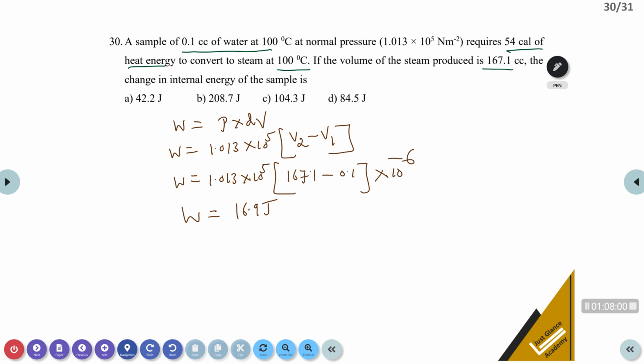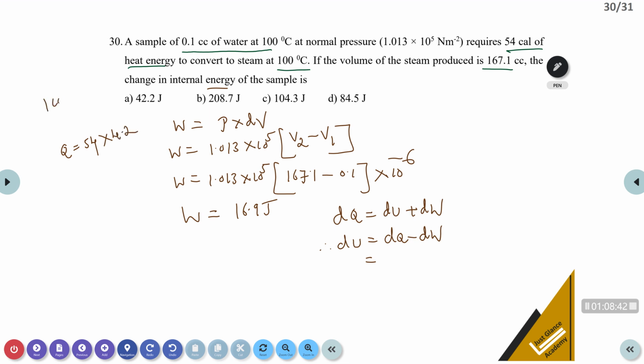Then the change in internal energy is asked. According to the first law of thermodynamics, we know that dQ equals dU plus dW. So therefore dU equals dQ minus dW. Now, what is the heat supplied here? It is 54 calories, so Q equals 54 calories. You have to convert into joules.